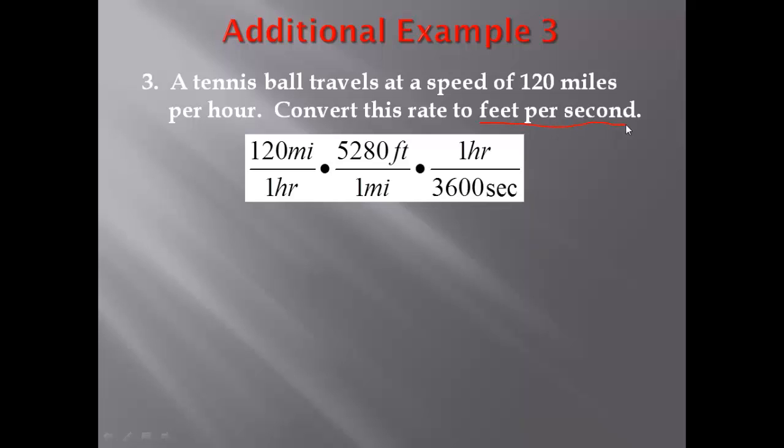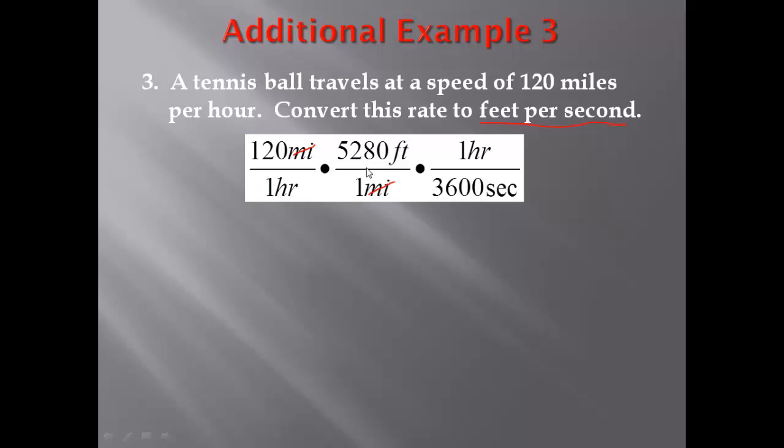So I'm converting two things. So first I can look at miles to feet. 1 mile is 5,280 feet. Since miles is on the top of the first fraction, I need to put it on the bottom of the second, so it will cancel out. So I'll put 1 mile on the bottom and 5,280 feet on the top.